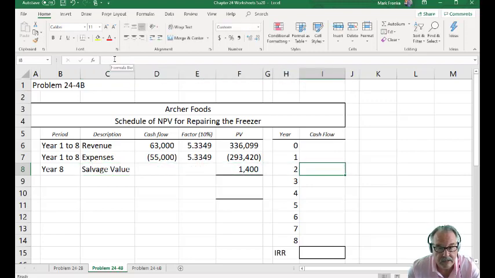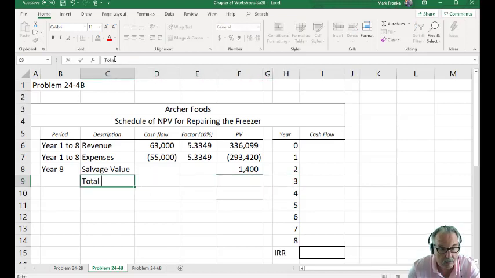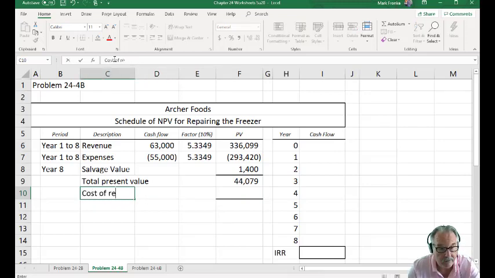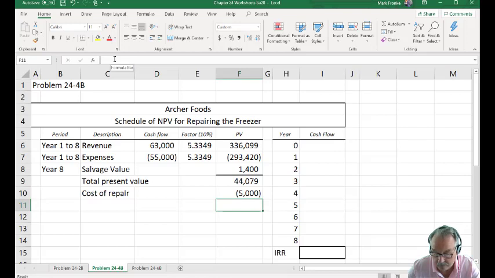So what that means is the total present value is the sum of these 3 components, or $44,079. The cost of the repair is $50,000, not $5,000.